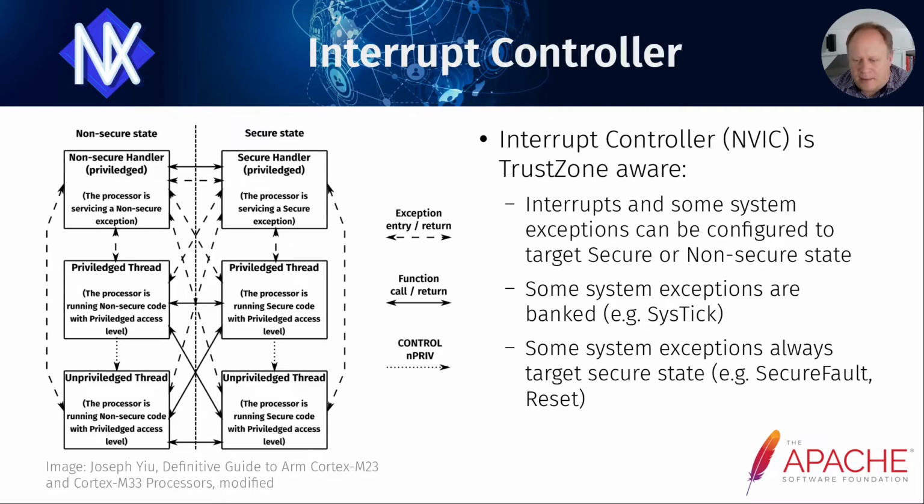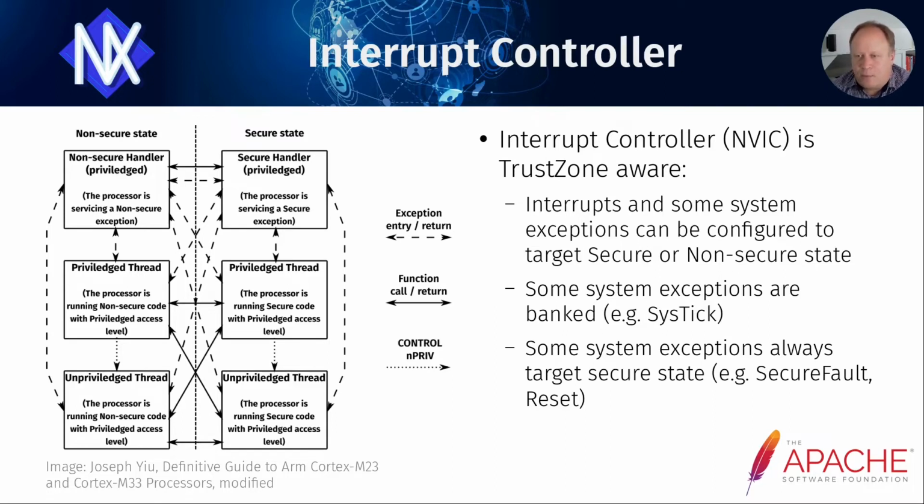The dashed lines in the figure show the possible state transitions due to exception entries or returns. Note that a non-secure exception can interrupt execution of secure code and vice versa. This also means that the NuttX scheduler can preempt a task that is currently executing in secure state.